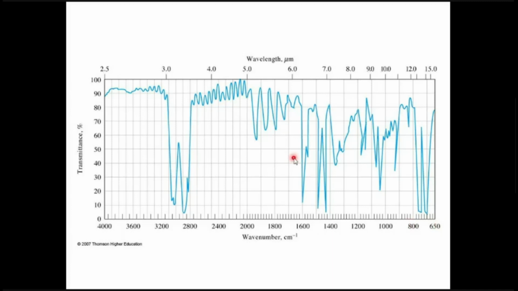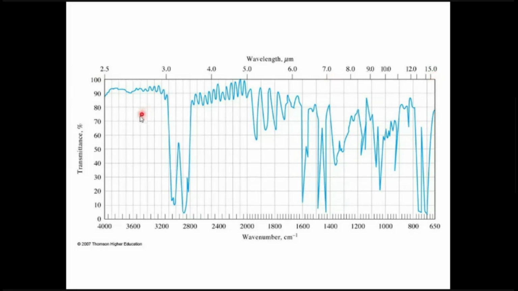There is one additional x-axis to this IR spectra, which is a little bit unusual in general spectroscopy. On the upper x-axis you have wavelength. It ranges from 2.5 micrometer to about 16 micrometer.